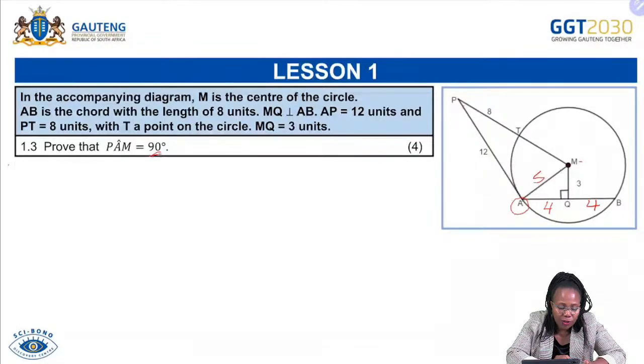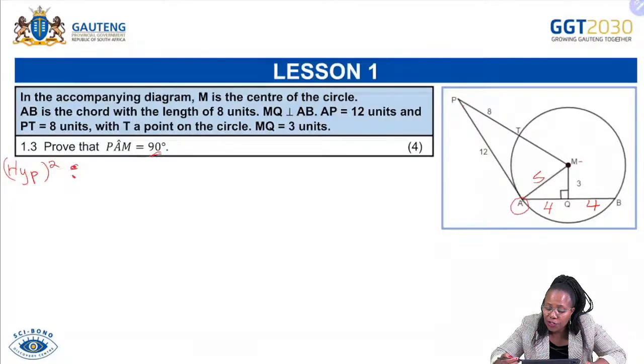Now let's check the value of the square of the hypotenuse. What is the hypotenuse side squared here? Our hypotenuse side is the PM side. Now, grade 12, we have a challenge. We have PT, remember, being 8, and then we need PM.